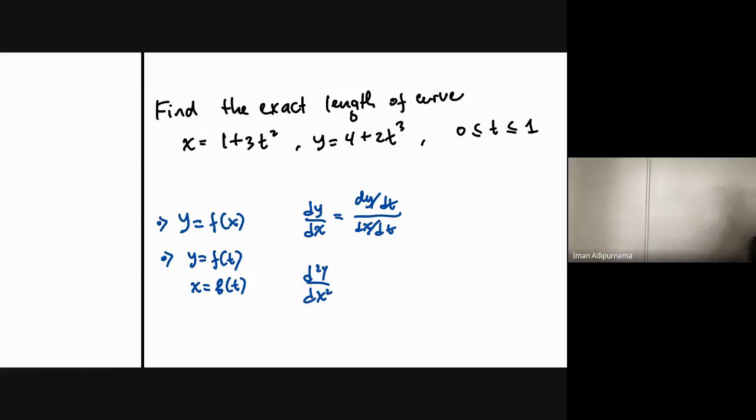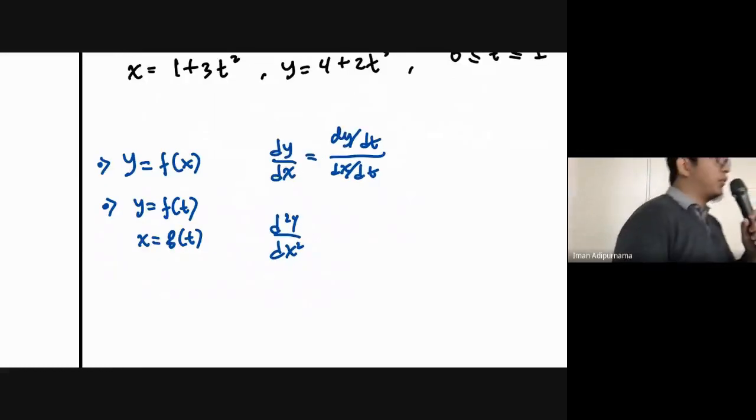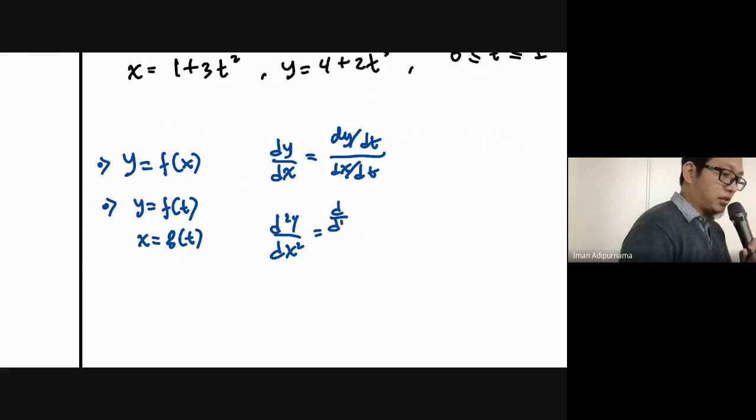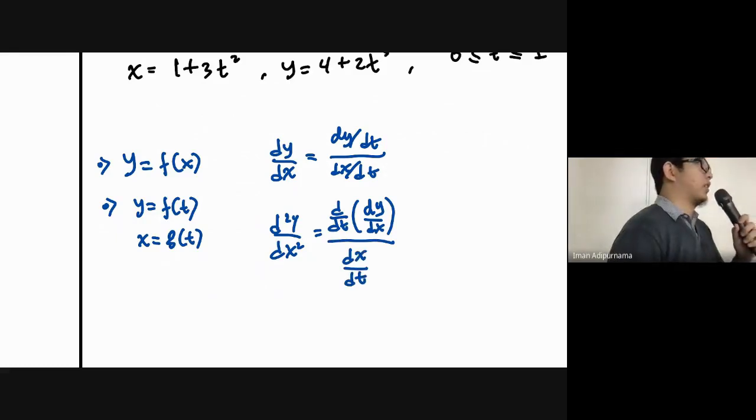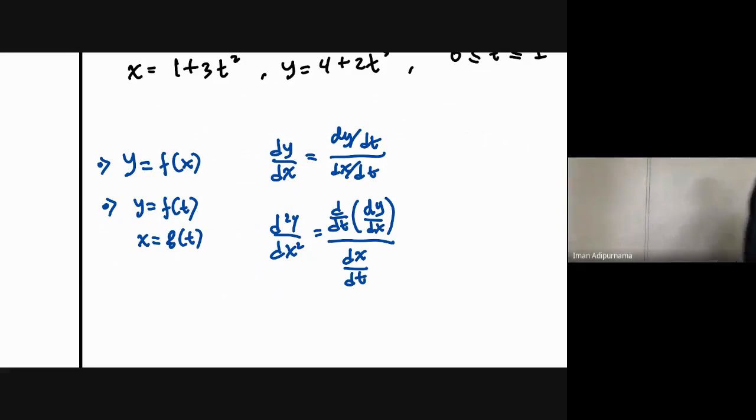So we need to include dy over dx in our calculations. So this is quite important in parametric, okay?